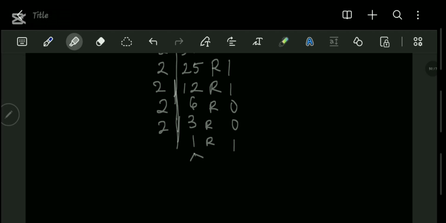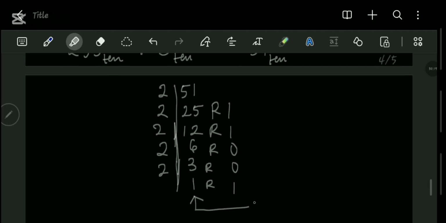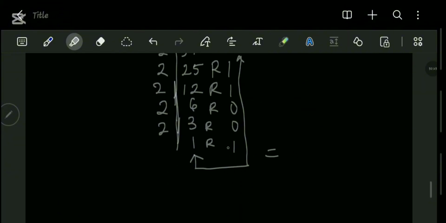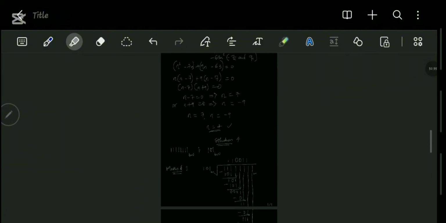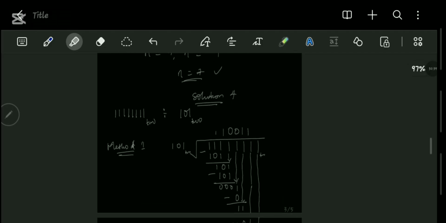So we pick our values from here and we go upward. So it means that our answer is going to be 110011 in base 2, which is still the same thing we got here. 110011 in base 2.